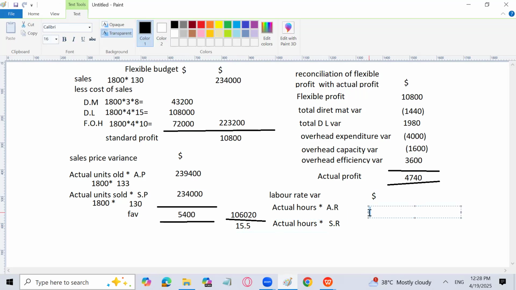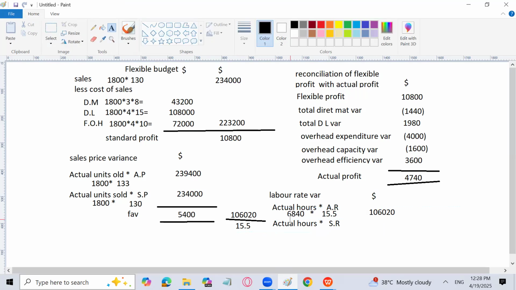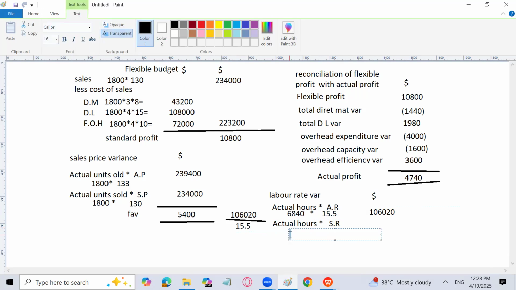You can do that also. 106,020 is the actual labor cost. Actual hours we don't know, into rate 15.5. Now you can calculate 106,020 divided by 15.5 and you will get the actual hours. That is 6840. We have so many questions coming like that in the paper also.